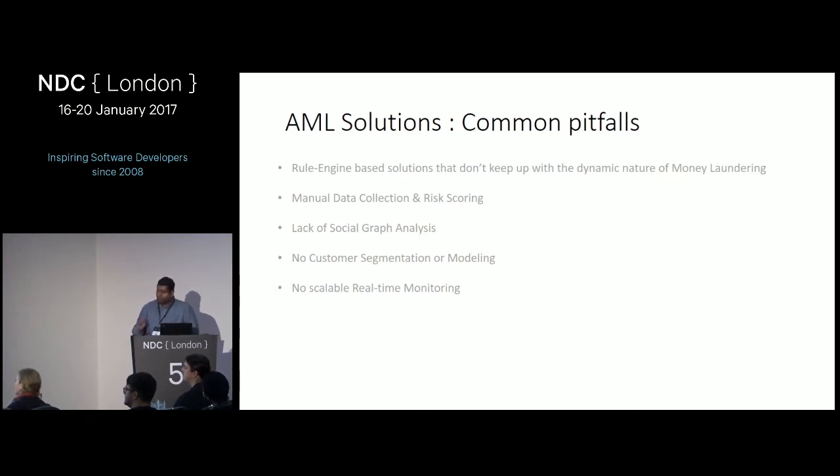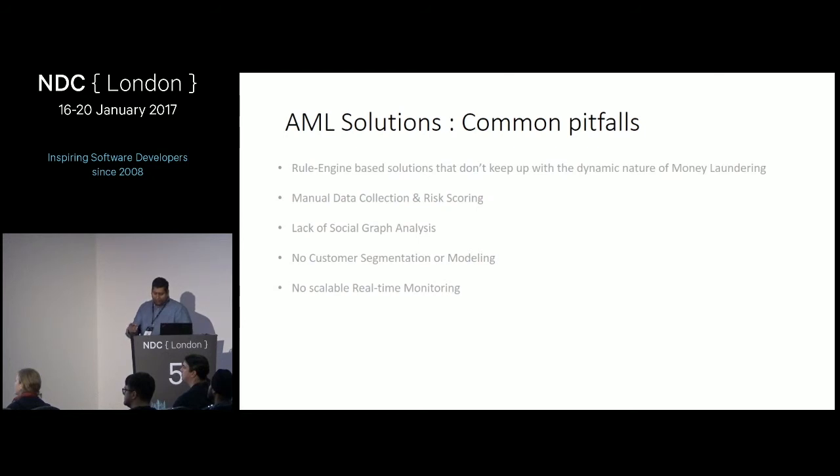There is also very little customer segmentation at most places, or modeling of customer information. And finally, being able to apply this in real time in a scalable way. All of these are common issues that we have organizations facing.